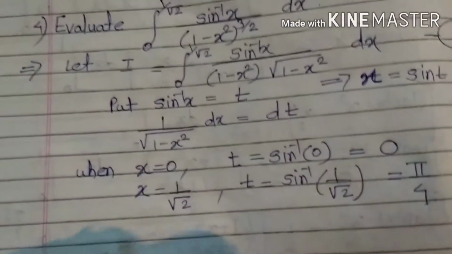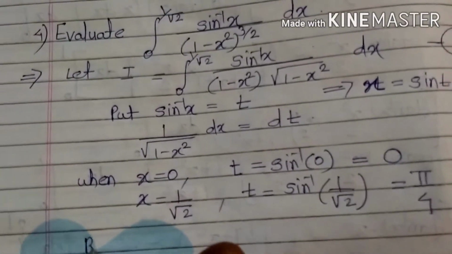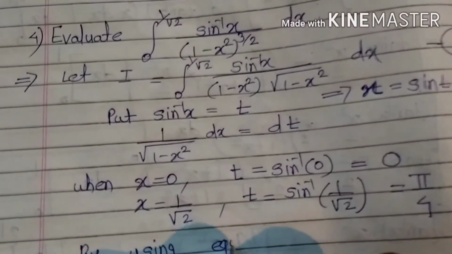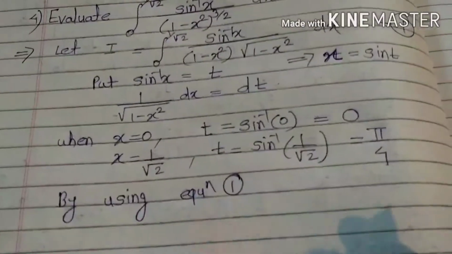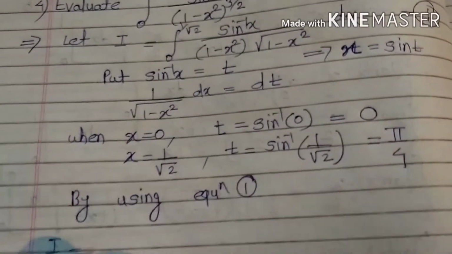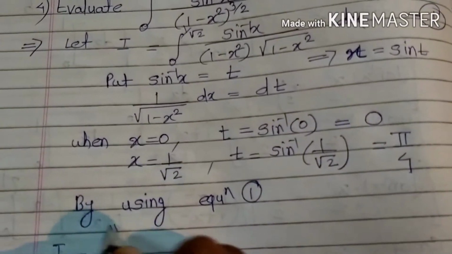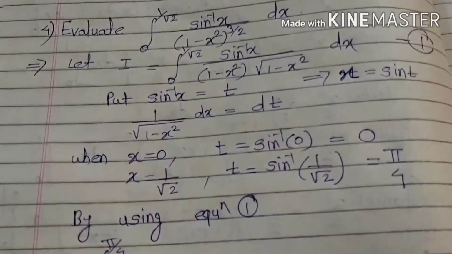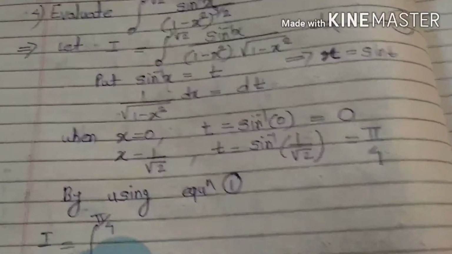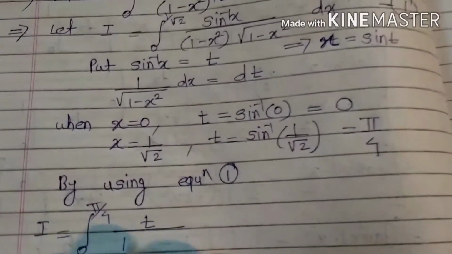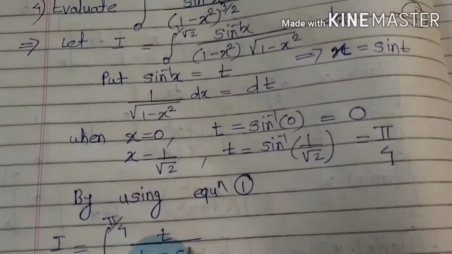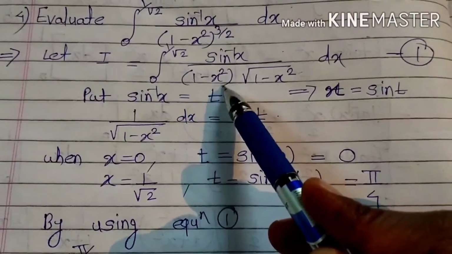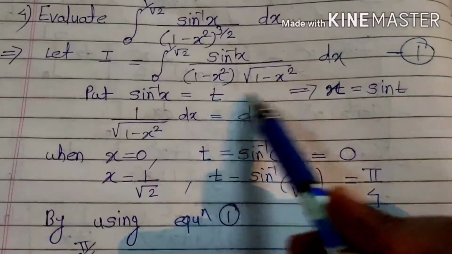Now use this. So by using equation first, I is equal to integral 0 to pi by 4 of sin inverse x, so sin inverse x is t, upon 1 minus sin square t, because sin t is x, and the value of dx is cos t dt.